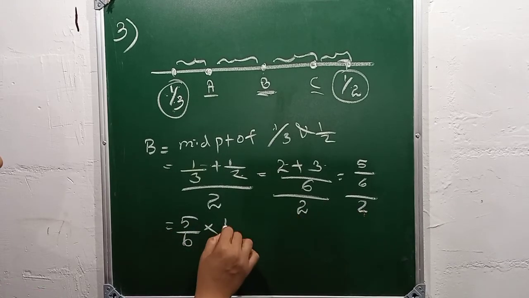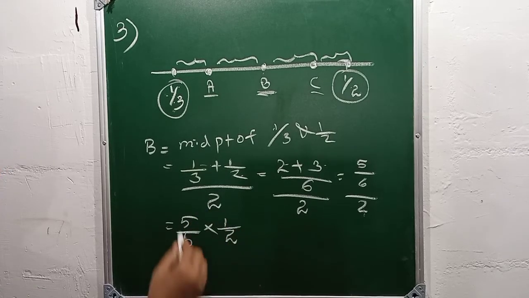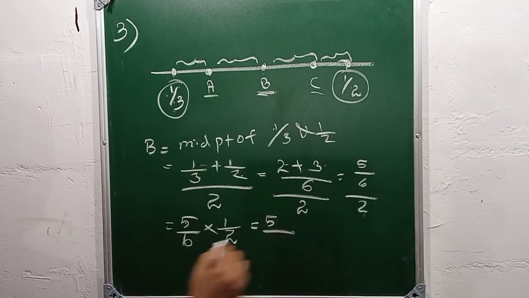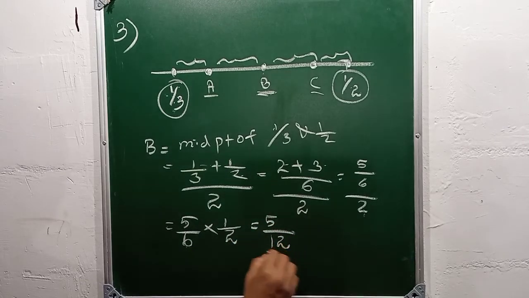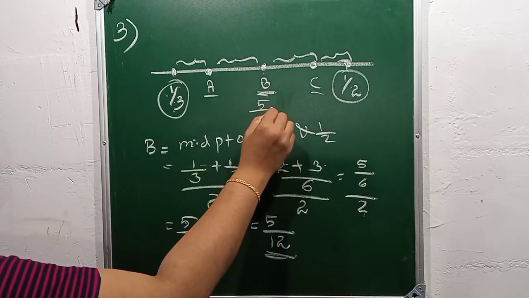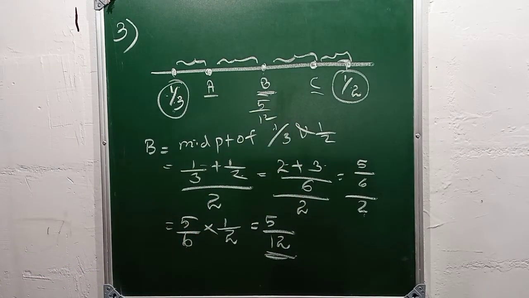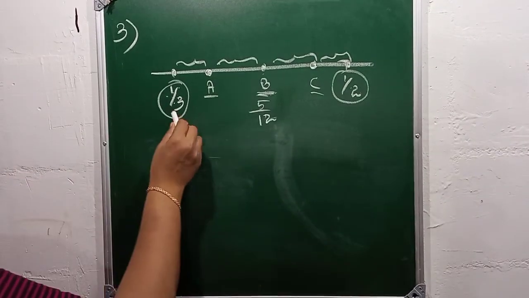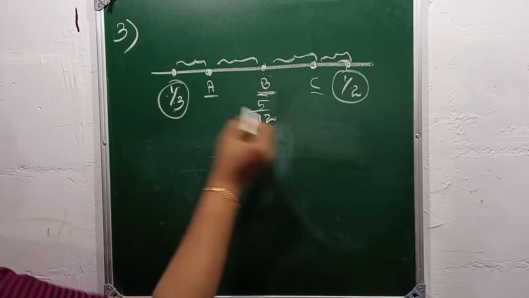Reciprocal of 2 is 1 by 2. 5 by 6 into 1 by 2 is equal to 5 into 1 is 5 and 6 into 2 is 12. So this point B is 5 by 12.